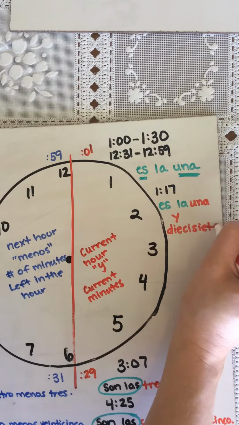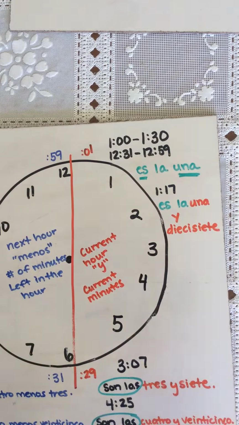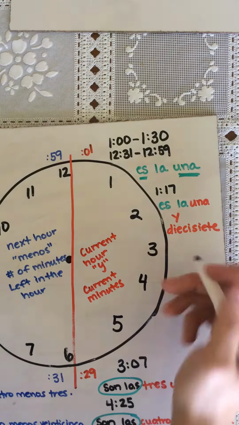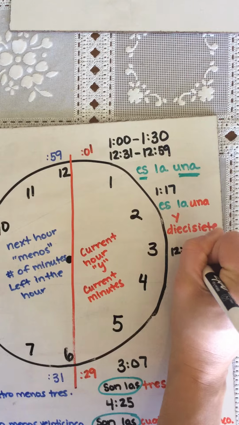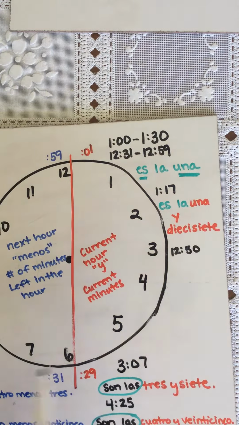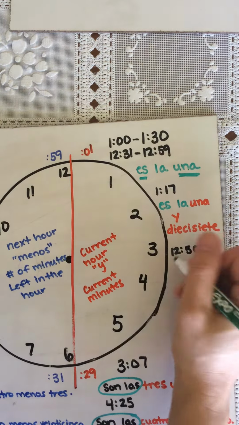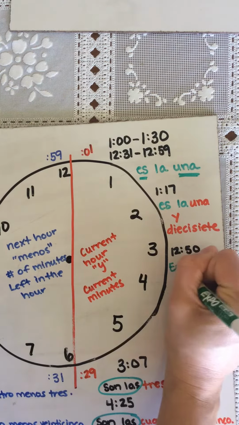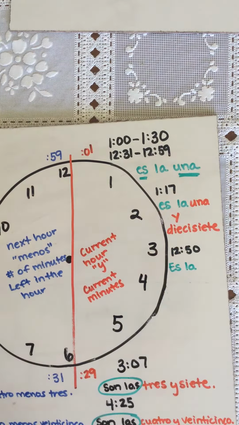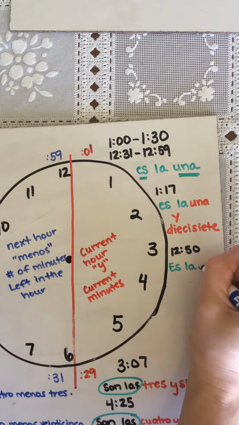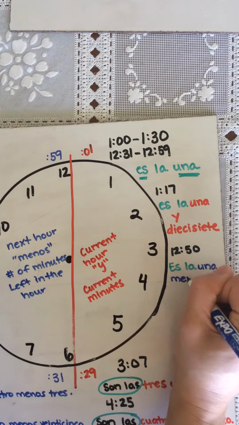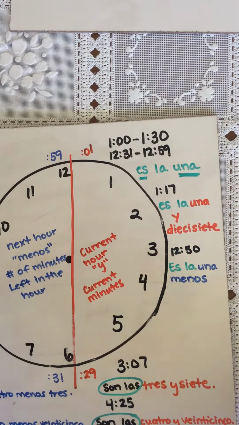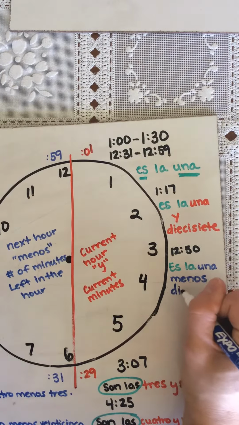Or if I were going to say that it was 12:50, now my minutes are on the left hand side of the clock. So I'm going to go up to the next hour, which is 1 o'clock. So I'm going to say es la 1 menos, how many minutes till the next hour? 10.